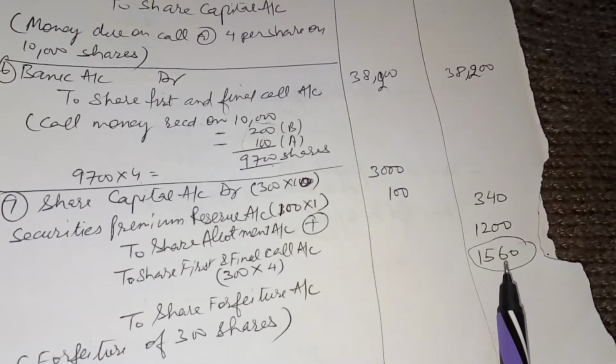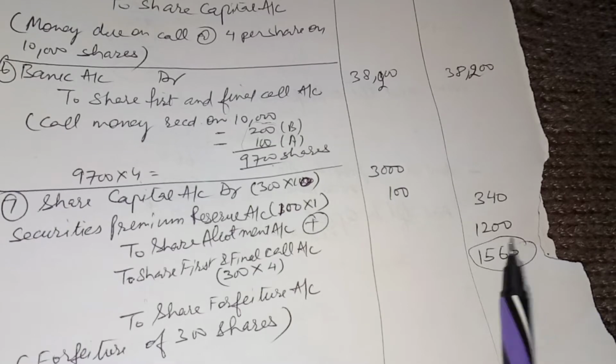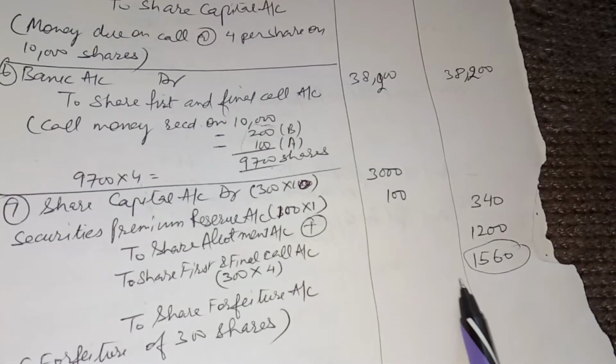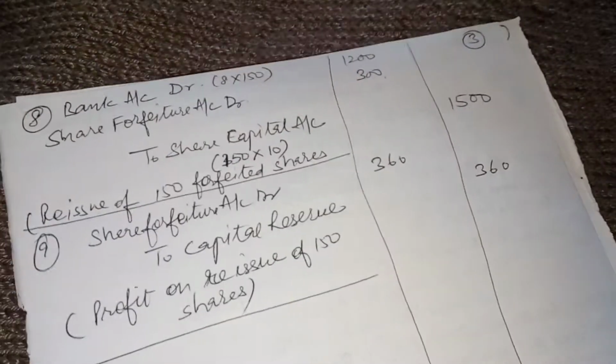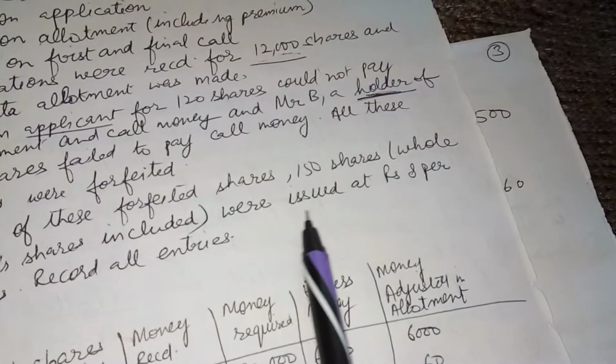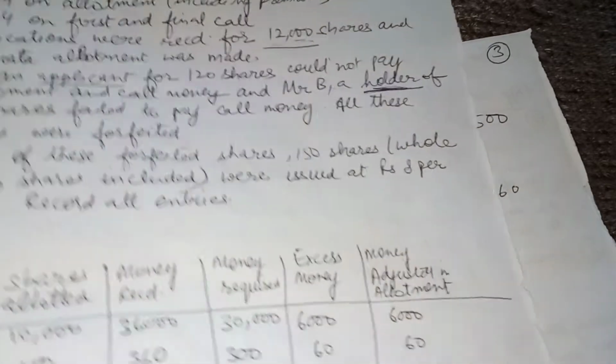You can calculate it in another way also. The amount already paid on the forfeited shares will be transferred to share forfeiture account. Now bank account debit. How? As these forfeited shares were reissued at rupees 8 per share.